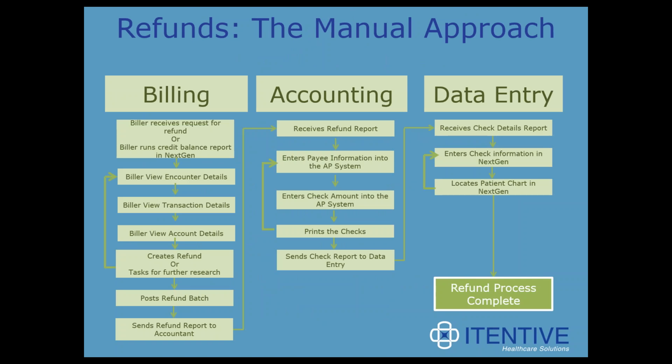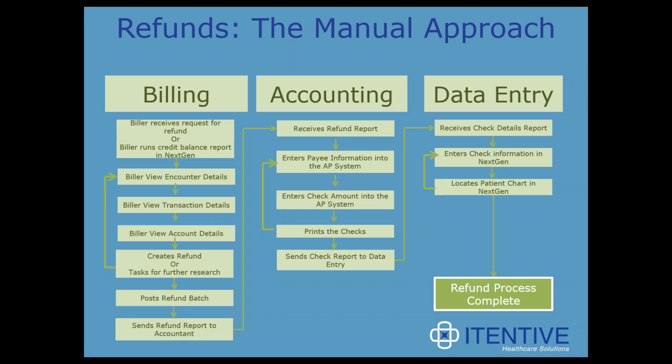These next few slides are talking about the credit handling process and the refund process. This particular slide shows a typical process without using RefundManager. You typically handle refunds or credit balances in a reactive manner or a proactive manner. In a reactive manner, a patient calls up and says, I have a credit balance on my account and I'd like to have a refund check issued to me.